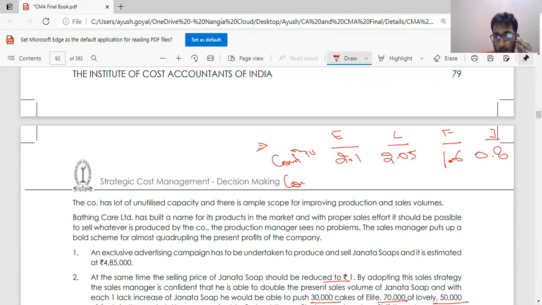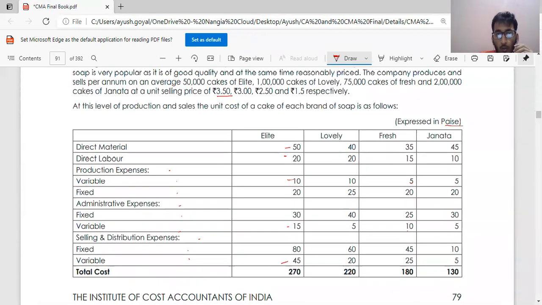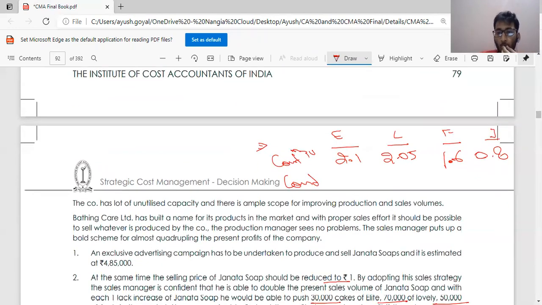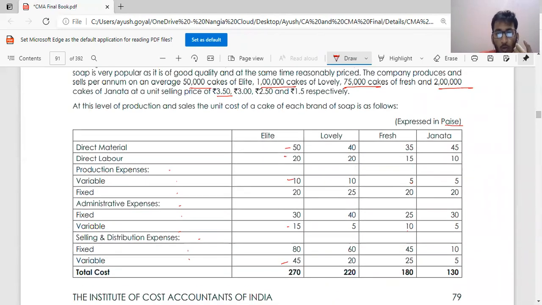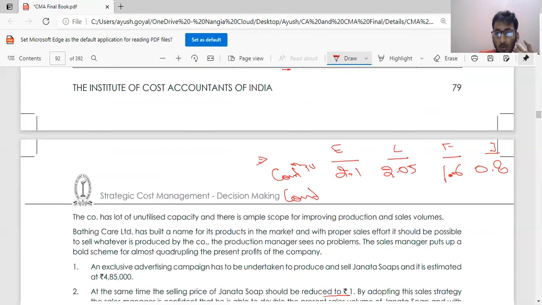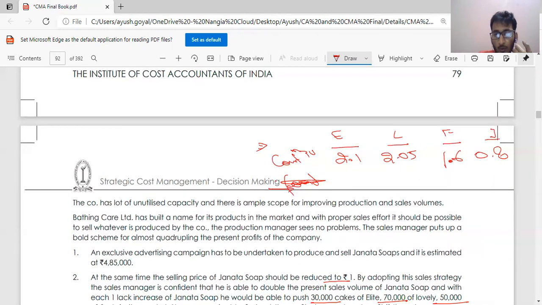So you can calculate contribution in total by multiplying it with the total sale volume, and then you can calculate the fixed cost. But rather than doing this, the total cost is 27, so better would be the profit per unit.